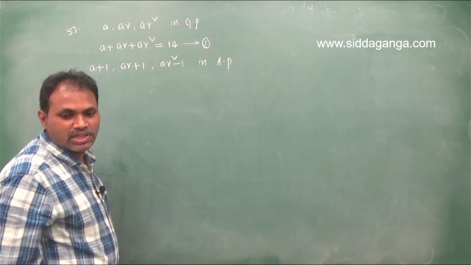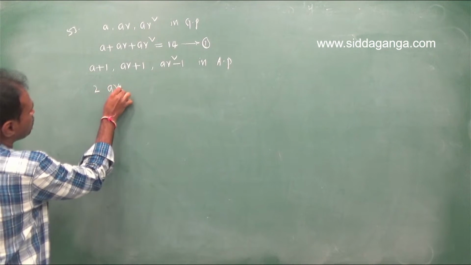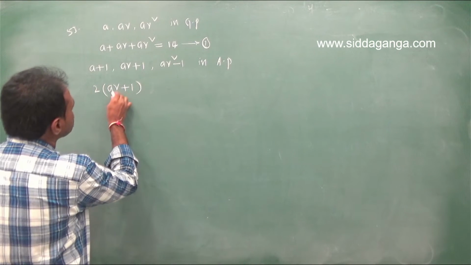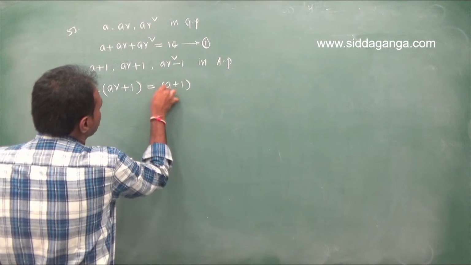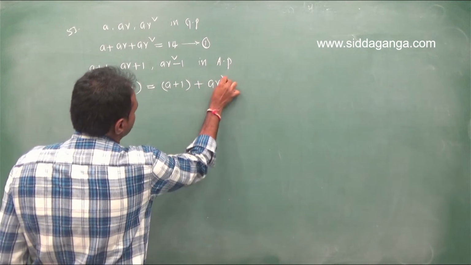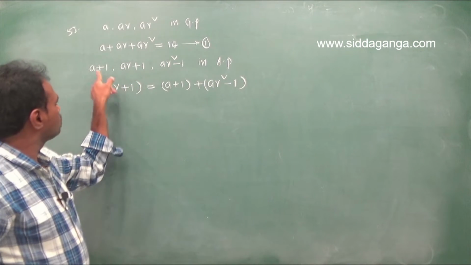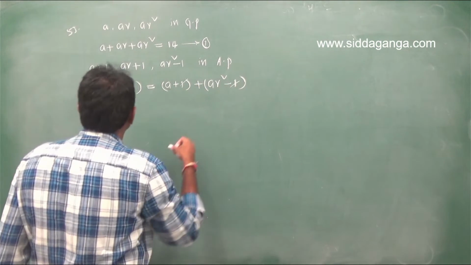If A, B, C are in AP, then the condition is 2B equal to A plus C. That is 2 into (AR plus 1) equal to (A plus 1) plus (AR square minus 1). Plus 1 and minus 1 will cancel.